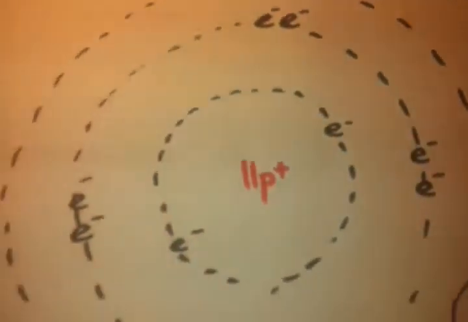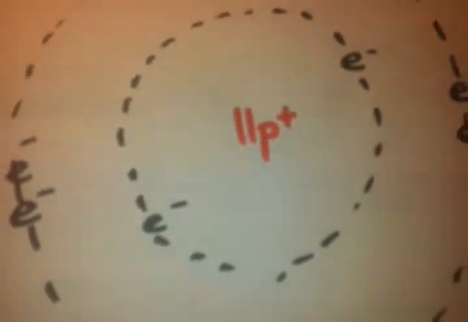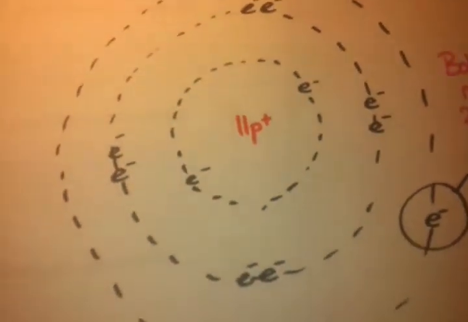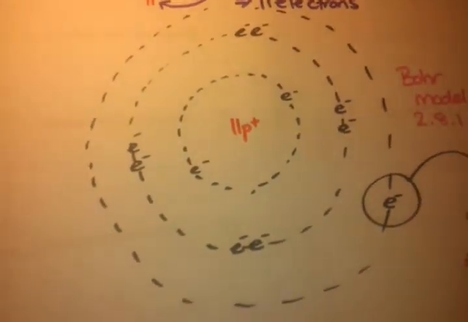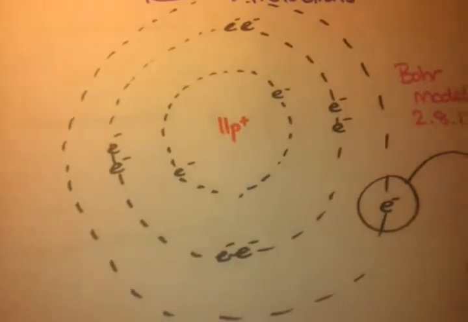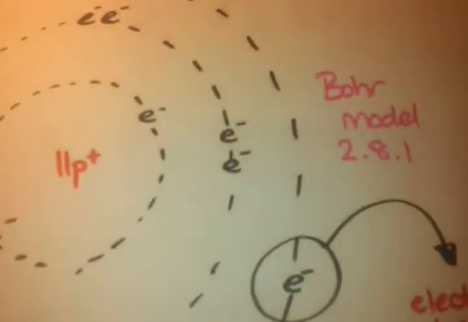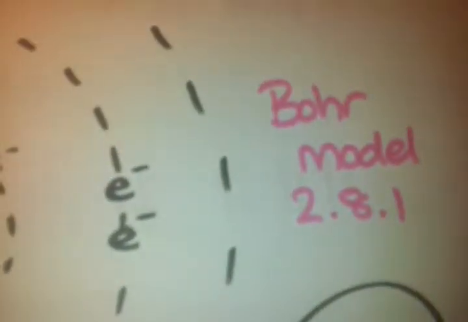We would have arranged these in this way: the 11 protons and the neutrons, but we've ignored these, in a very small nucleus, and then orbiting that like planets around the sun, we'd have the electrons arranged in shells or energy levels, 2 in the first energy level, 8 in the next, and then up to 8 in the last one. This would give us an electron configuration of 2,8,1 for, in this case, sodium.